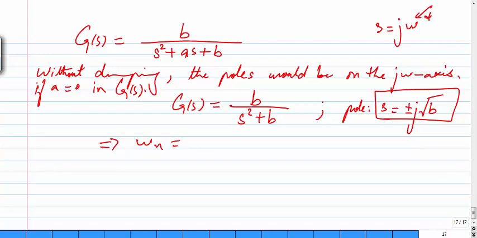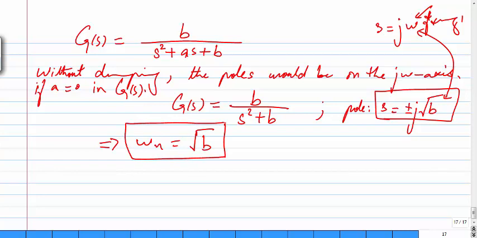If we compare these two, we know that the frequency is under root b. This is the natural frequency, or in other words b is equal to omega n square. These are the formulations we can get.